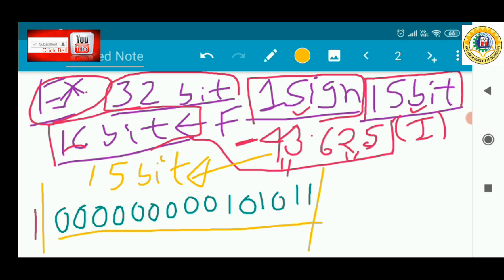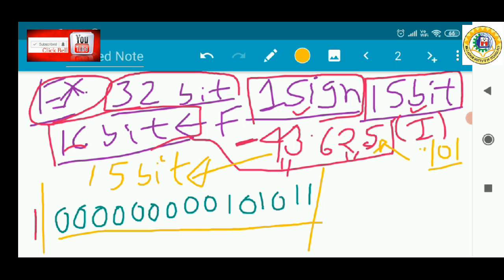And next, 0.625. If you convert 0.625 into binary, 0.625 is equivalent to 0.101. But since it is the fraction part, we have to add zeros differently.